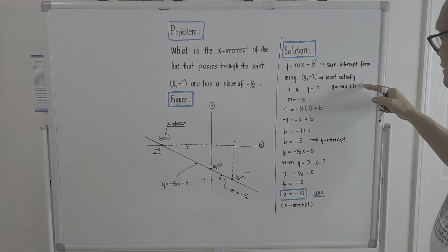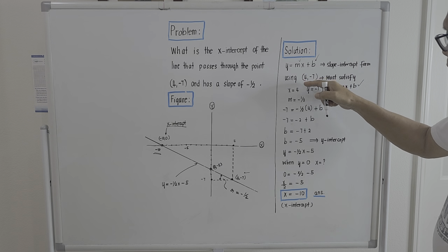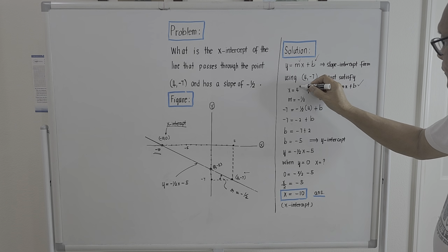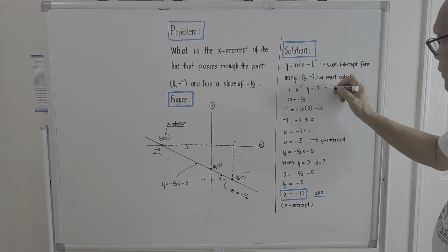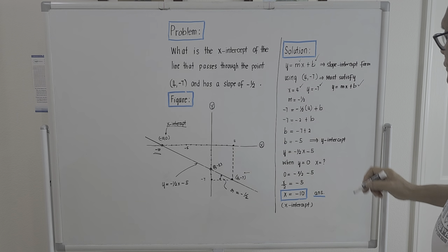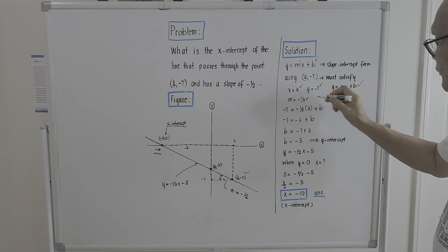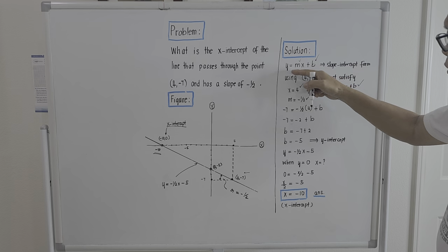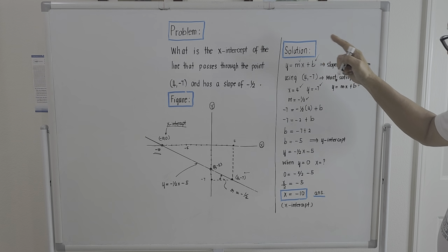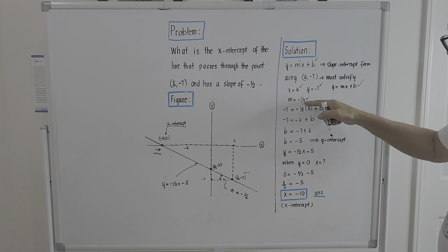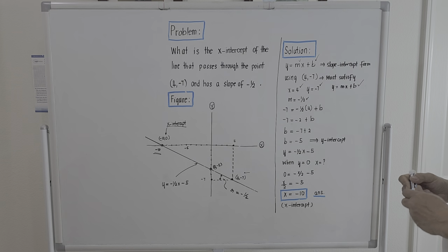That's why, using 4 and negative 7, x will be the abscissa, which is 4, and the ordinate will be negative 7. The slope is given as negative 1/2. By substituting the values of x, y, and m, what will happen?